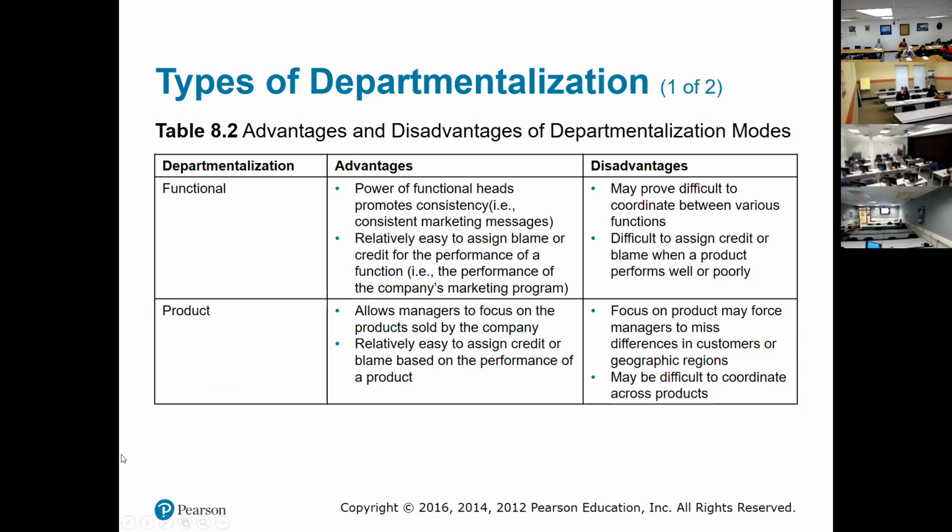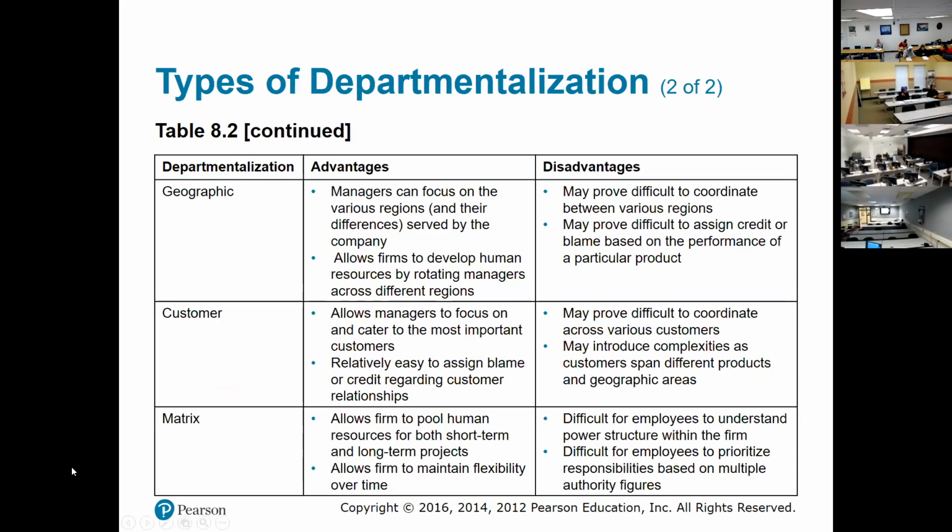You could have a department for one particular product and another department that's responsible for another product that your company is making, and so on. But that might mean there's some potential to miss out on some customers that are in different locations and so on.